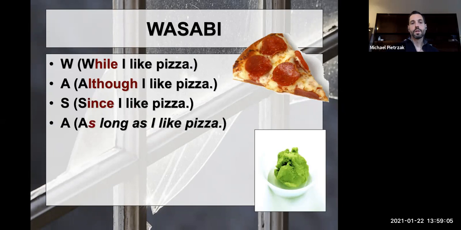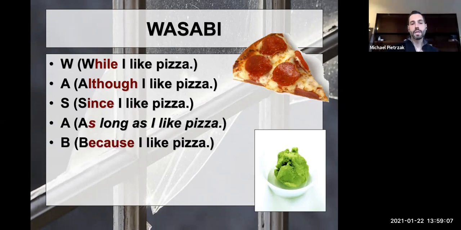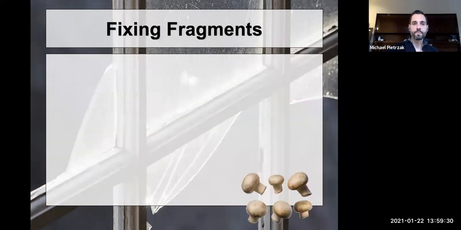Since I like pizza, as long as I like pizza, because, and if. So while, although, since, as, because, if, or in other words, they spell out wasabi, the first letters. These are the most common ones, the most common subordinators. So please remember this acronym, memorize it, memorize the words associated with wasabi, and you might see this on a test somewhere.